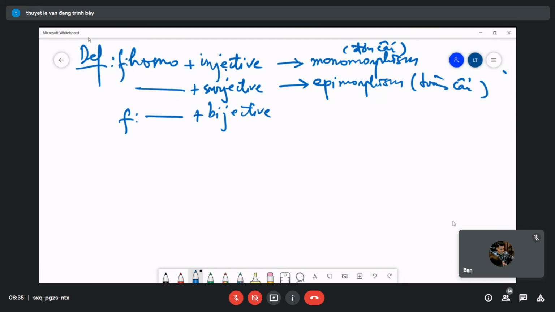Bijective means that injective plus surjective. We say that it is an isomorphism.